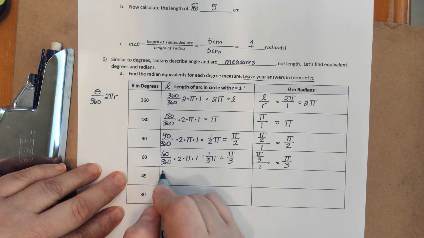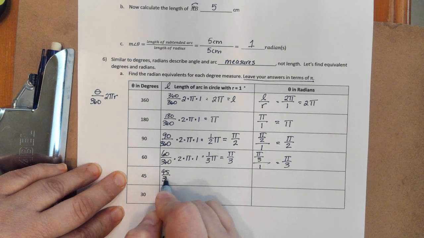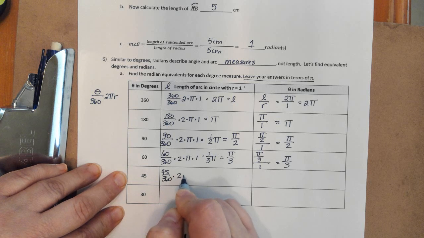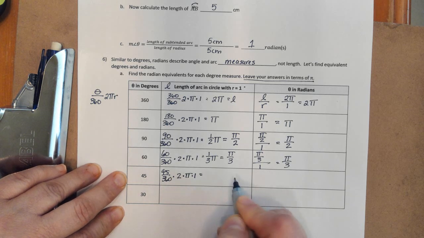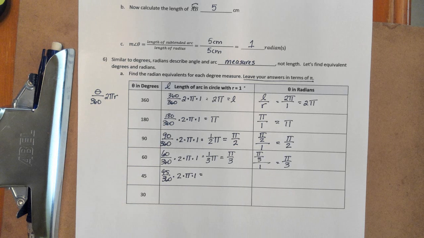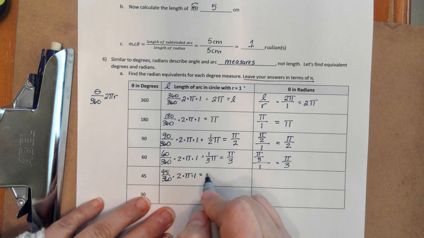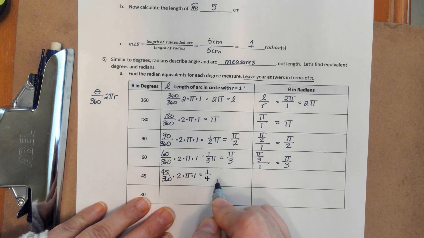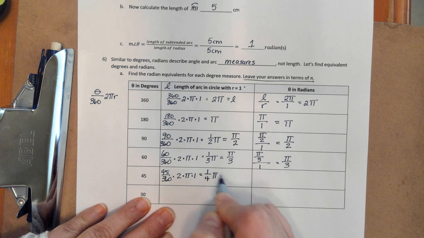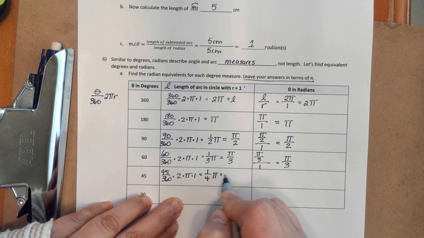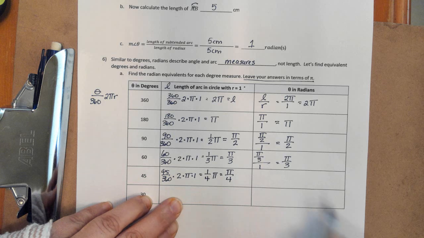For 45, this is going to be 45 over 360 times 2 times pi times 1, which will end up being 1/4 pi, which I will rewrite as pi over 4.